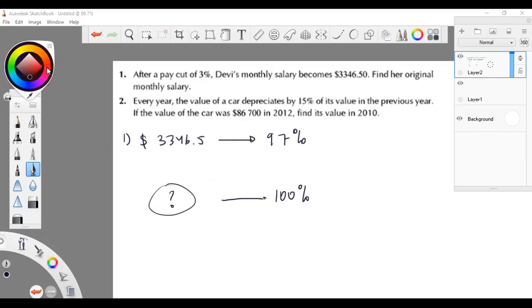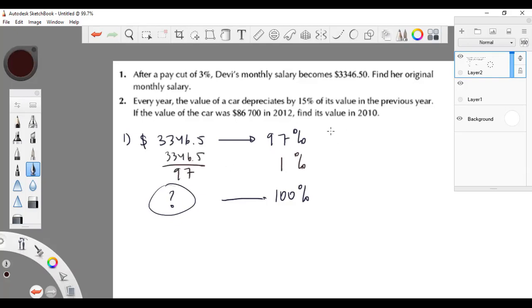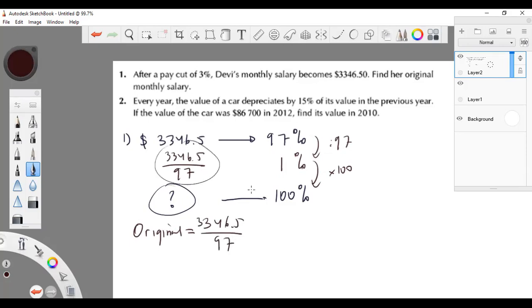So in order to find the unknown, you have to put 1 simply, and then 3346.5 you divide by 97, right? Because you do the divide by 97 and you multiply by 100. So the original will be 3346.5 over 97, you multiply by 100, right?